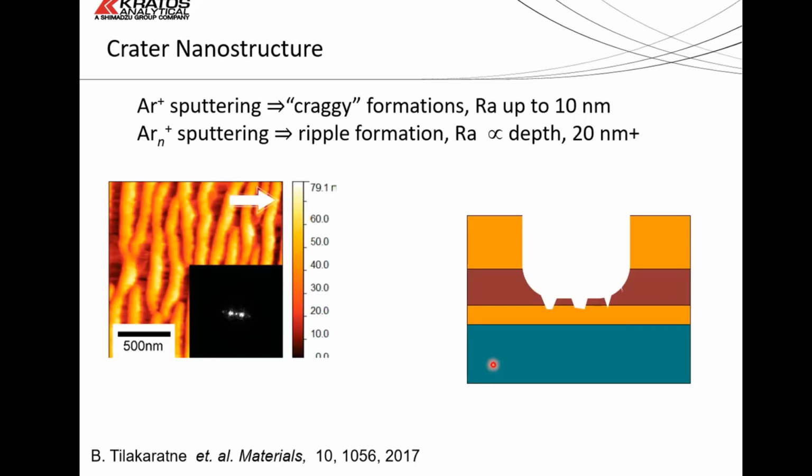Okay, so then the other factor you've got to bear in mind is the topology, the microstructure induced by your ion beams. So when you sputter any sample with just Argon Plus, typically like 45 degrees, 50 degrees, which is what we do in our instruments, we don't typically use normal incidence sputtering.